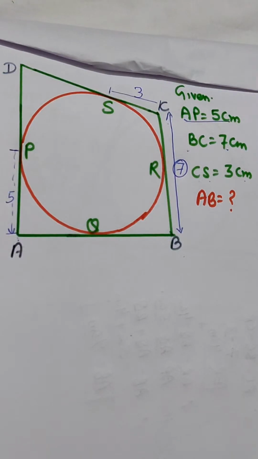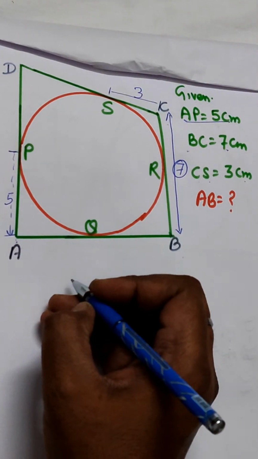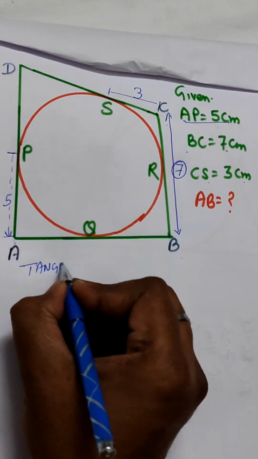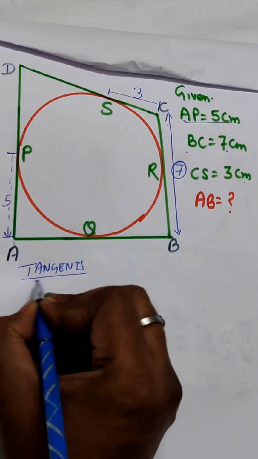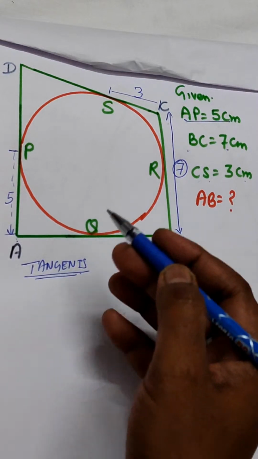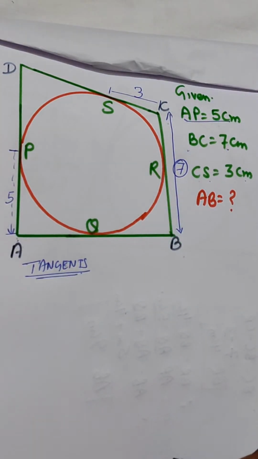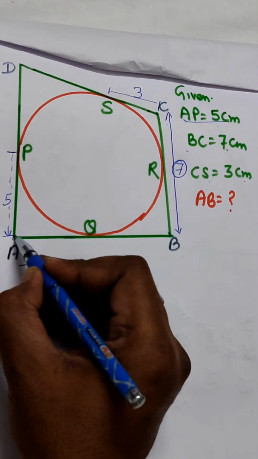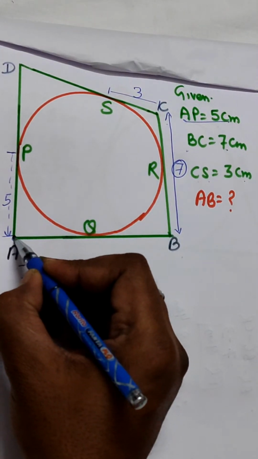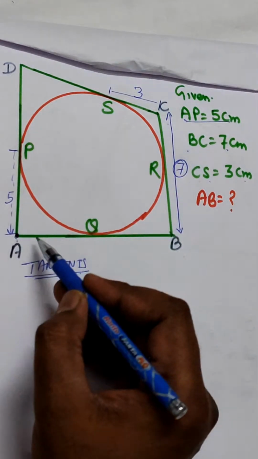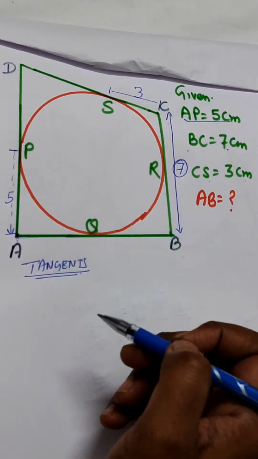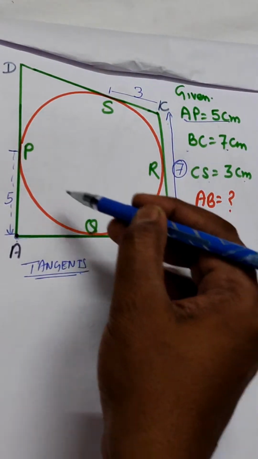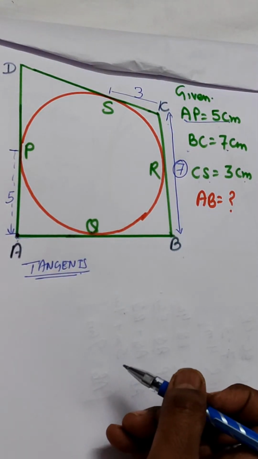Now, as I said, use the theorem: tangents drawn from an external point to the same circle are always equal. So here you can see that from point A, this is the circle, so AQ and AP are the two tangents, because this circle is just touching the quadrilateral, right?